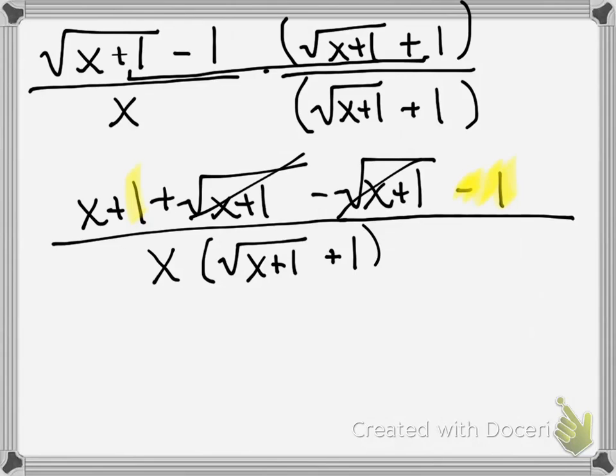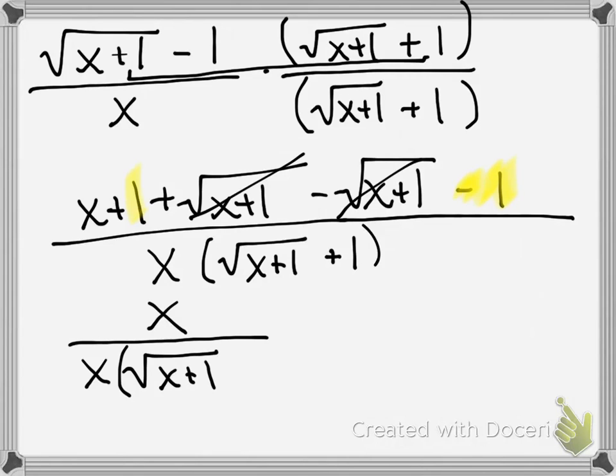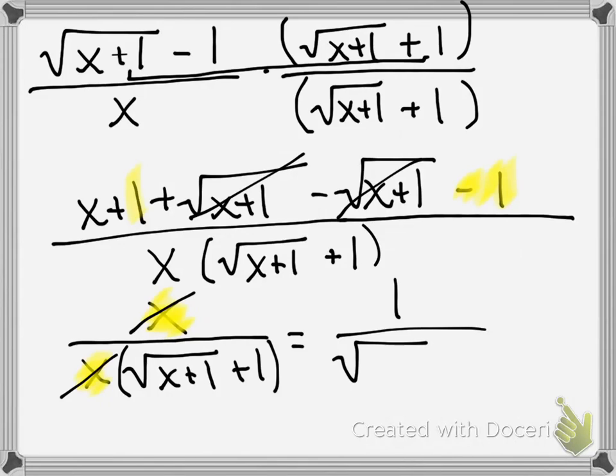So all you have left is x over x times the square root of x plus 1, plus 1. Okay, it gets even simpler now because you have an x in the numerator, x in the denominator, so they cancel each other out, and all you're left with is 1 over the square root of x plus 1, plus 1.